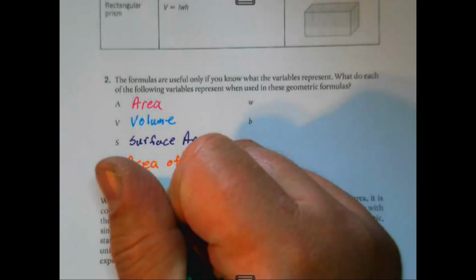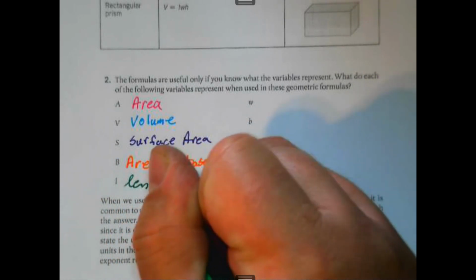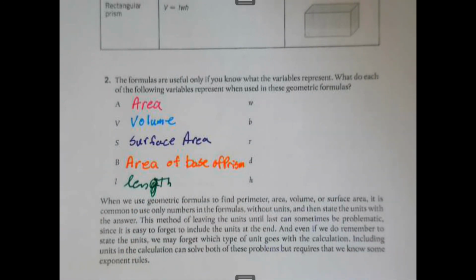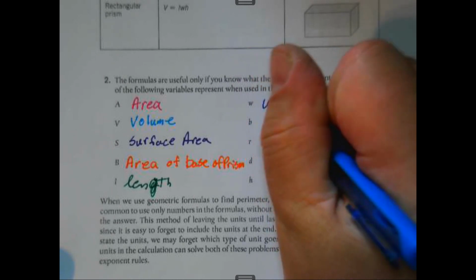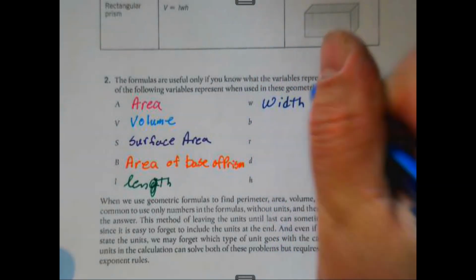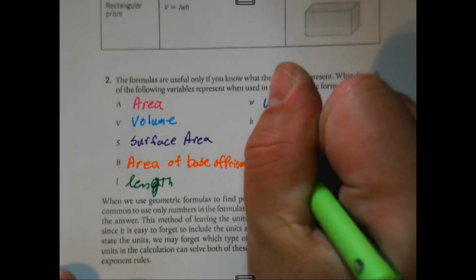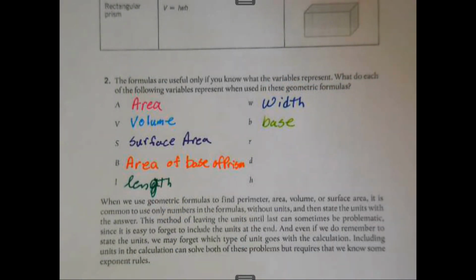Little l, length. Little w, width. Little b is base. R, radius.